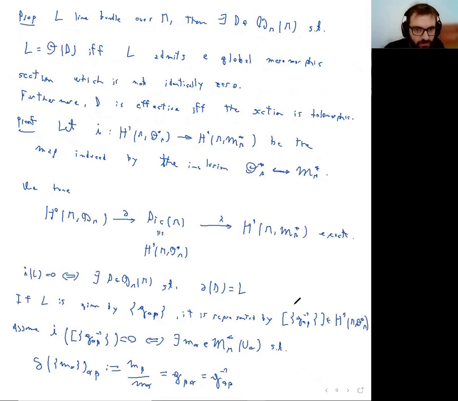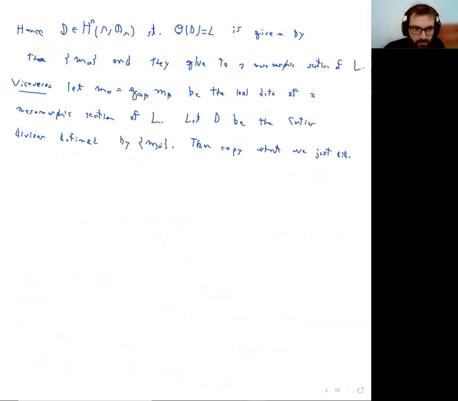Yeah, the extra condition for this to be effective is only if the section is holomorphic. Well, we know that an effective divisor is one represented not by meromorphic functions, but by holomorphic functions. And in that case, we know that the divisor is effective.